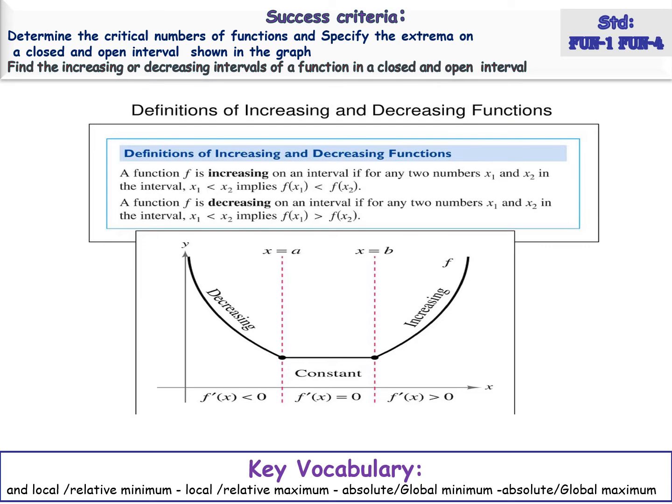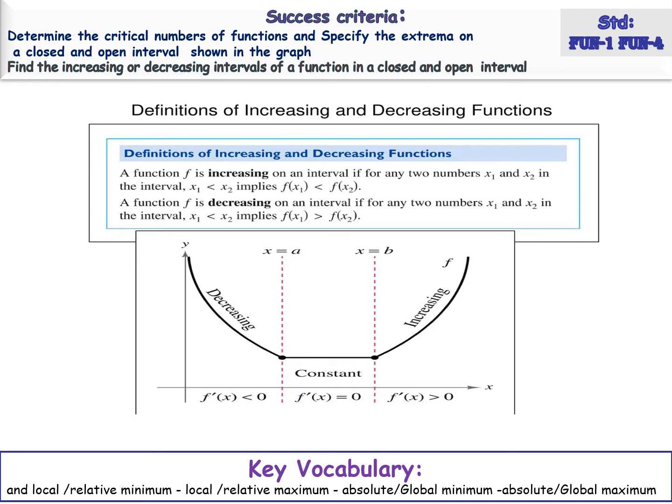Let's try to understand the definition of increasing and decreasing intervals of the function. We are already familiar with the increasing and decreasing terminologies. Where the graph increases, we have the intervals known as the graph is increasing, and whenever we talk about intervals, it means we have to give the x values. So look at the graph. What is happening over here?